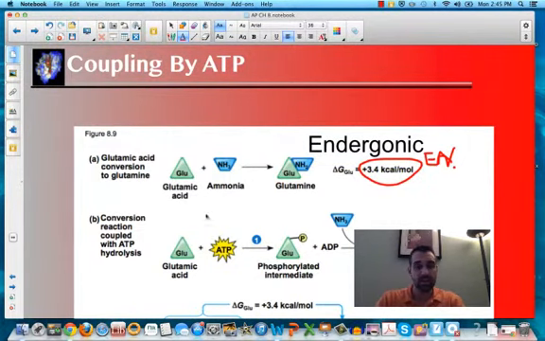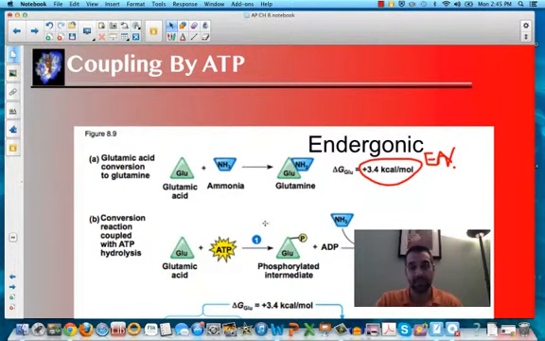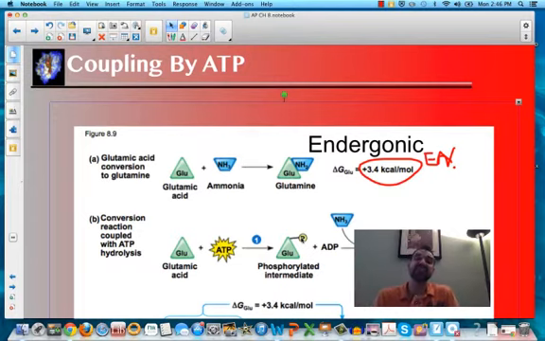Okay? When we look at coupling this reaction with ATP, you can see that glutamic acid is here, ATP is there, but the ATP is used to phosphorylate the glutamic acid. That phosphorylation is not just giving the inorganic phosphate, it's giving that glutamic acid an input of energy, because this reaction of ATP being broken down is exergonic to fuel this endergonic one.